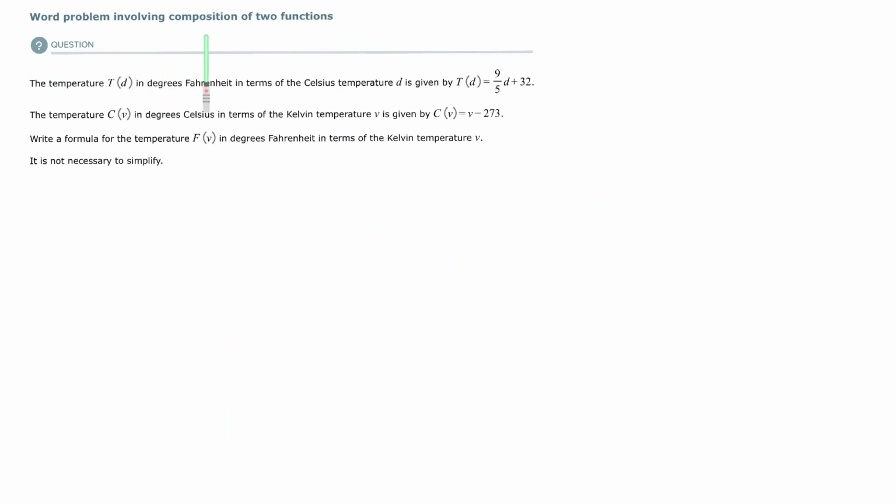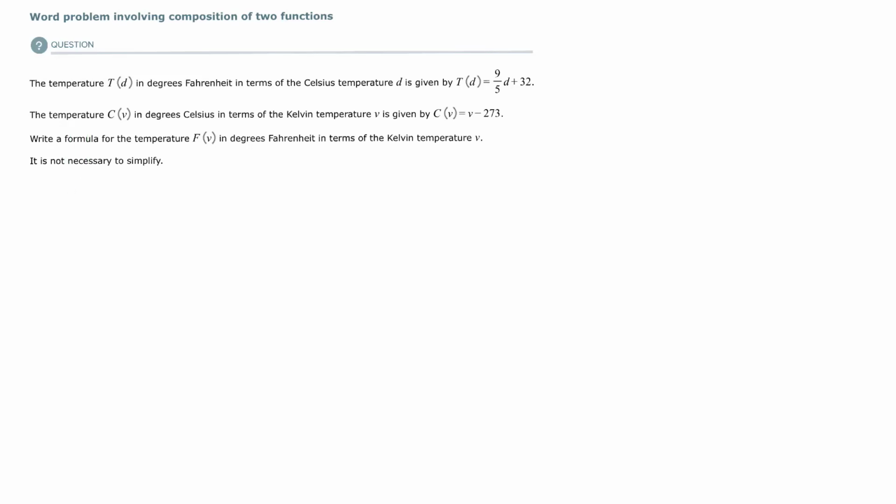Word problem involving composition of two functions. The temperature, capital T of D, in degrees Fahrenheit in terms of the Celsius temperature D is given by T of D is equal to 9/5 D plus 32.